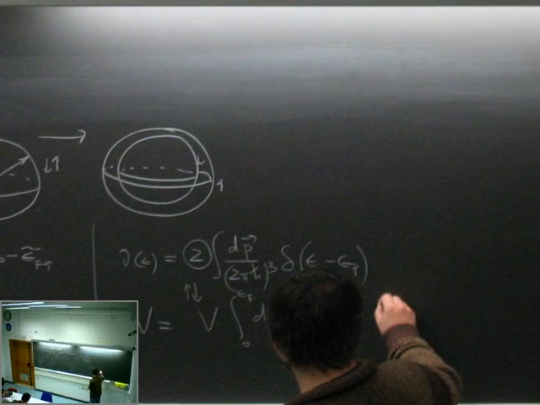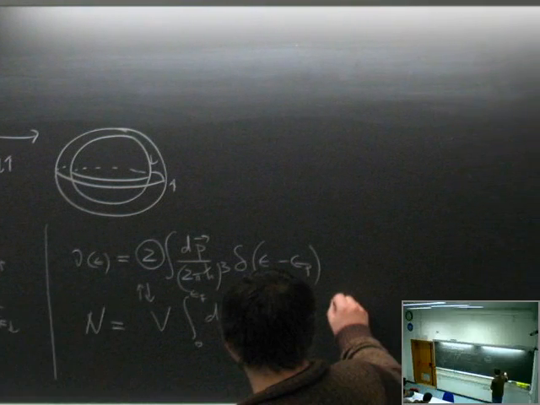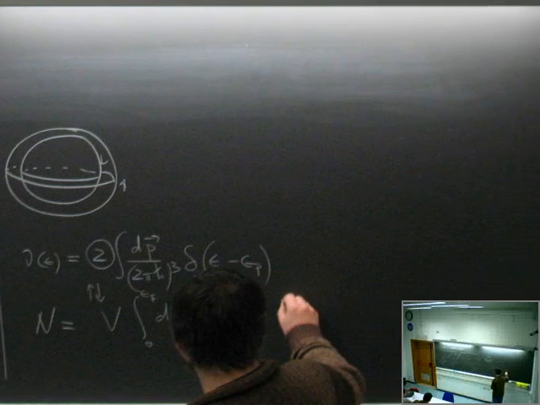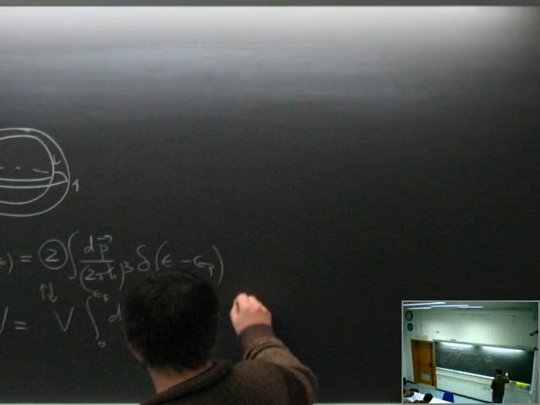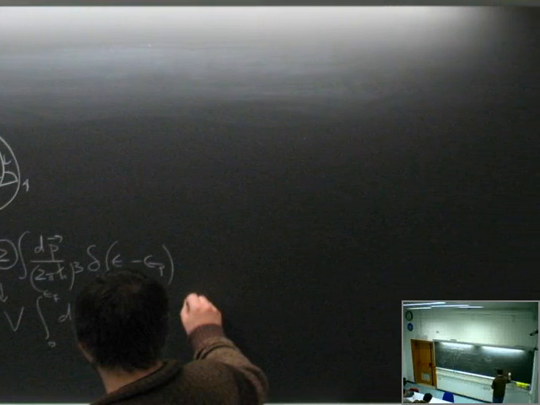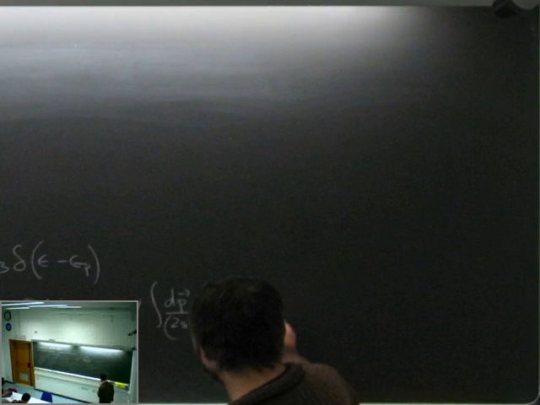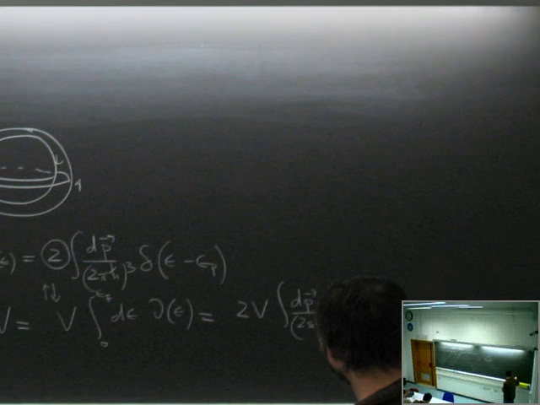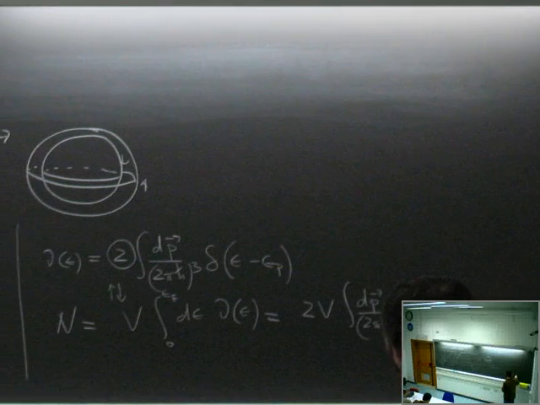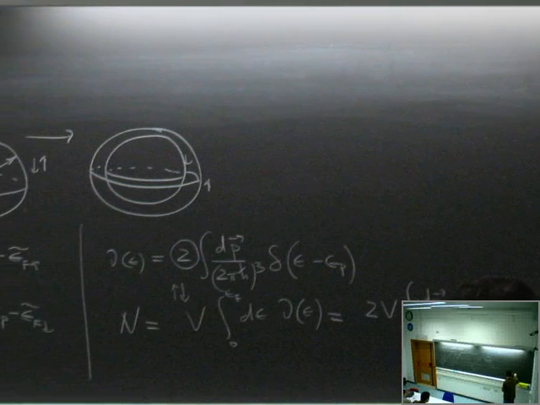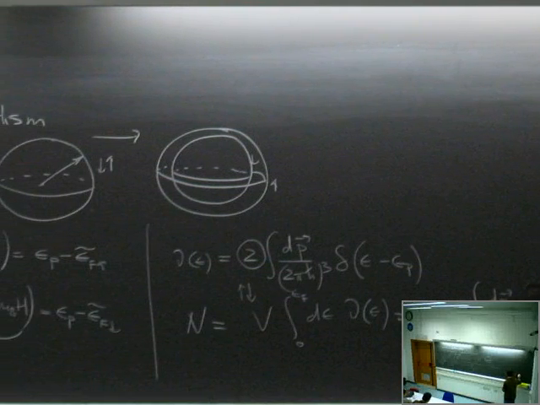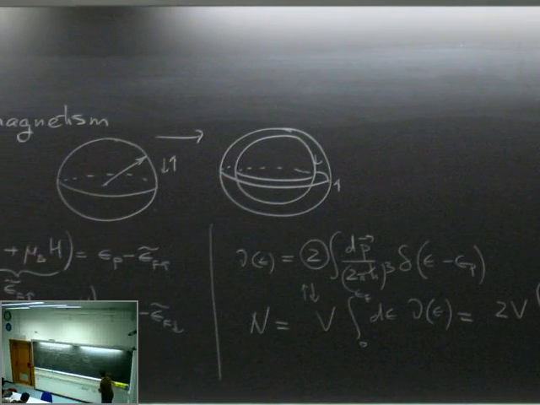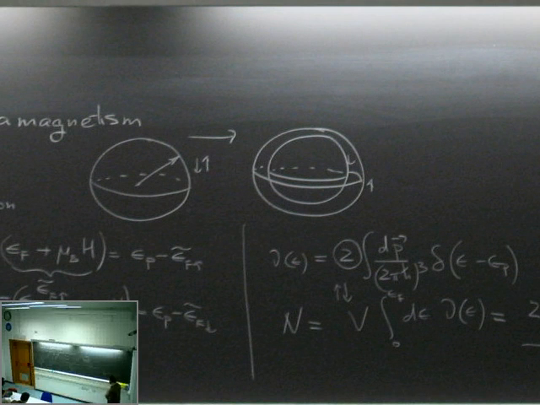Once more I will repeat it. This is 2 times the volume times the integral over dP over (2 pi h bar) cubed of n_p. Then I add an integral over energy of delta epsilon minus epsilon p, and use this for the definition of the density of states.